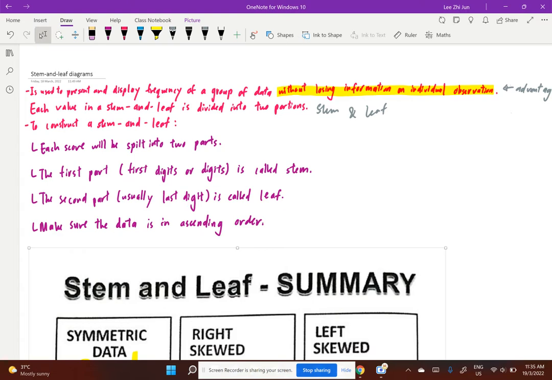The second part is usually the last digit. And make sure the data is in ascending order.